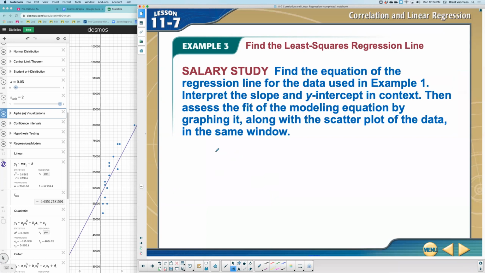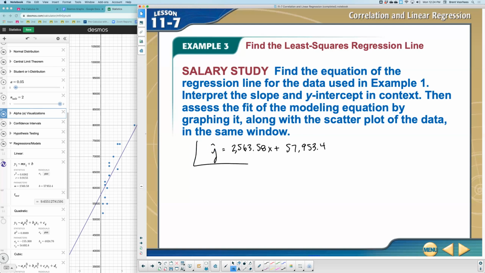So here's our equation, and the way you usually write it is y hat equals 2,563.58x plus 57,953.4. Okay, so in this context, what does this mean?